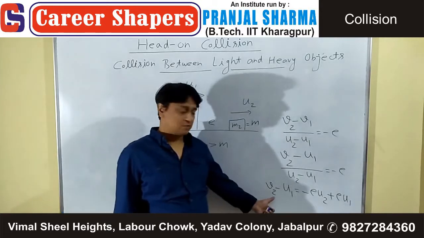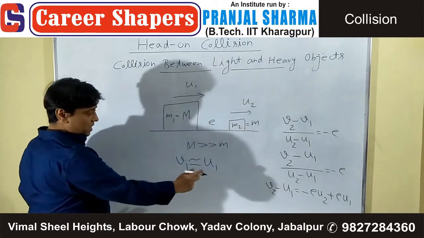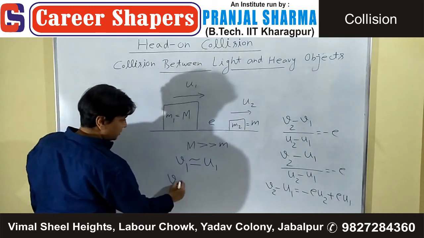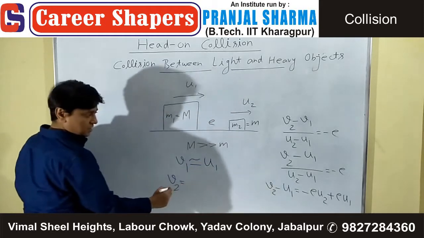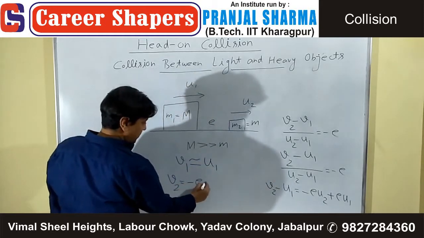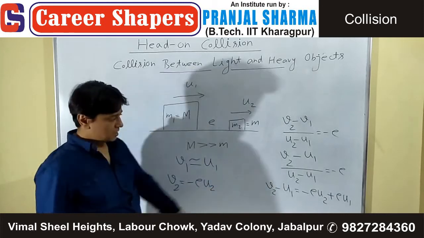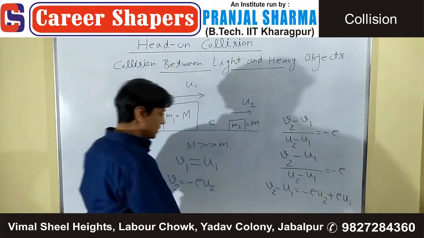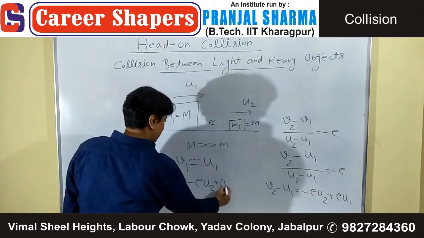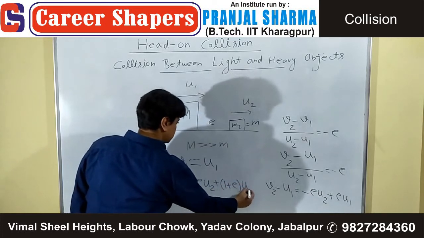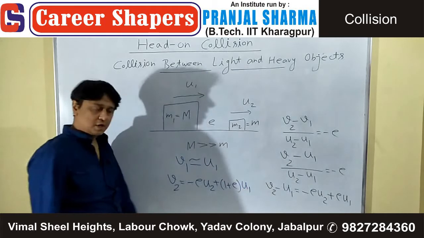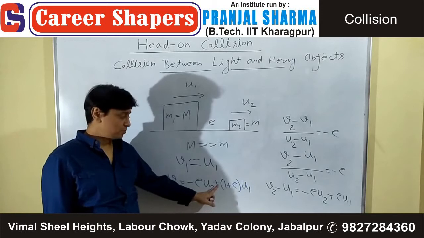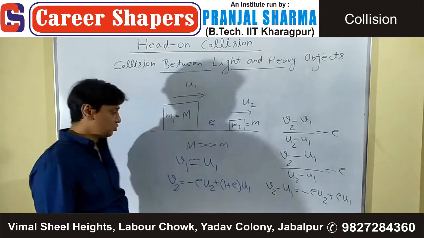Our aim is to find V2. Moving this U1 to that side, V2 is coming minus E times U2 plus (1 plus E) times U1.